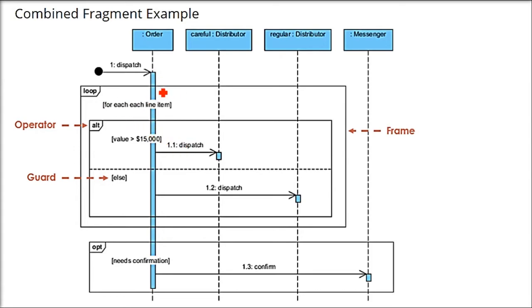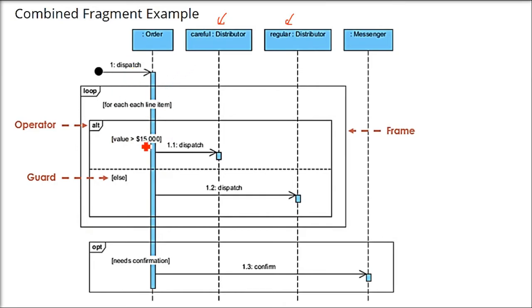Now there are two kinds of distributors we are discussing. One is very good, very careful. One is normal, moderate. So we put this into a loop, and inside this ALT we have the condition if else.